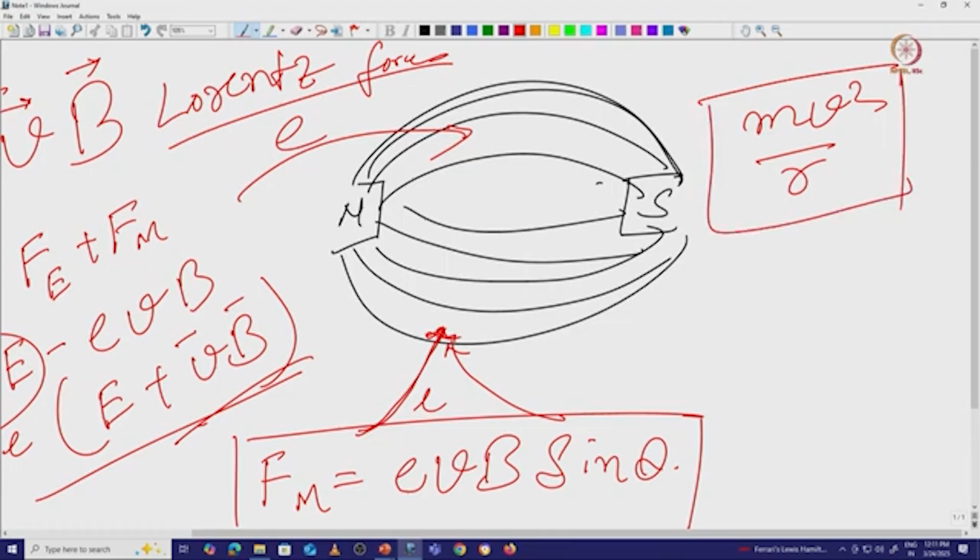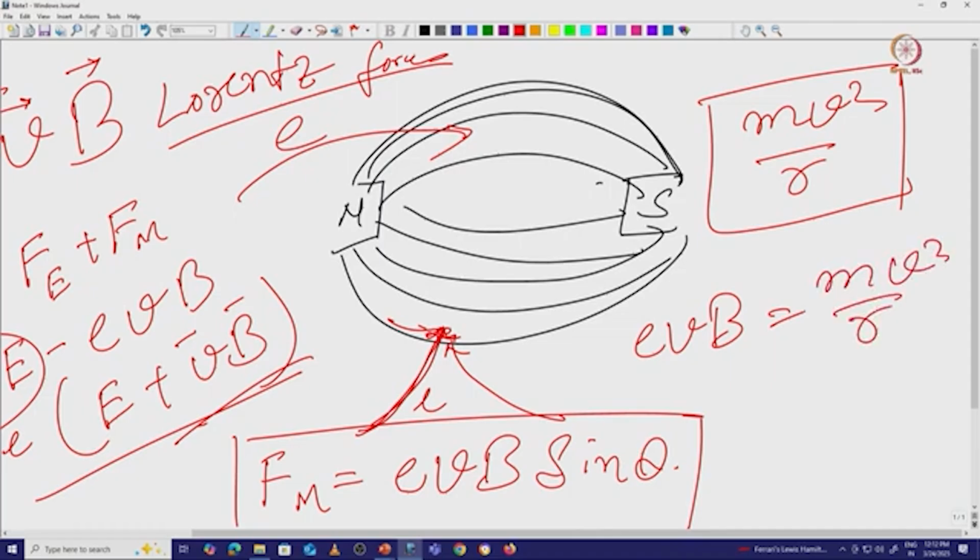And if the angle at which it is entering the magnetic field is such that sin theta is 1, then these two forces, the magnetic force and the centrifugal force, will be the same. So it will be mv square by r.